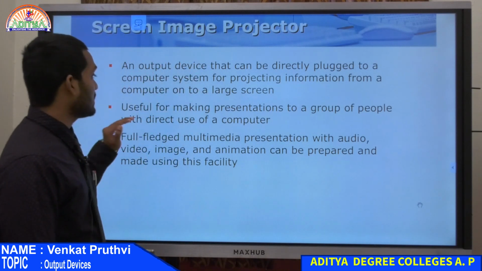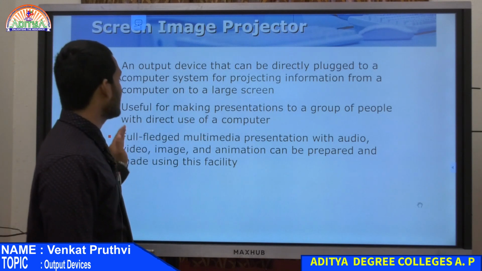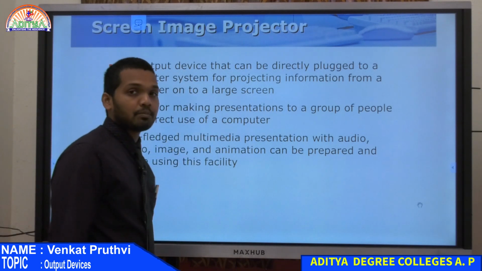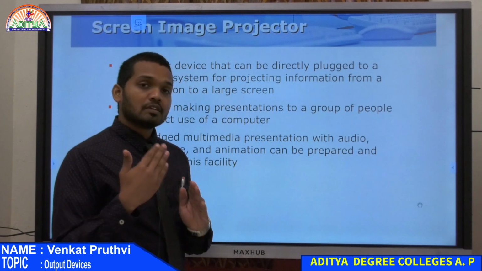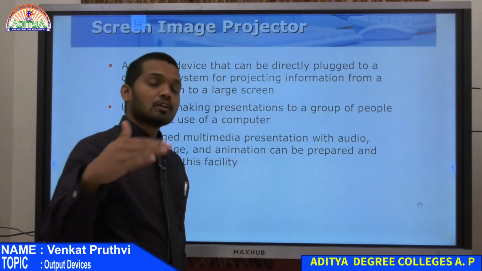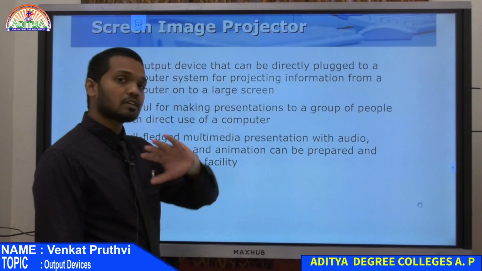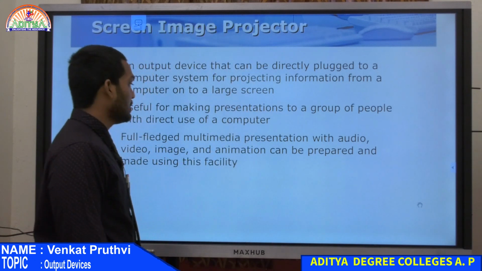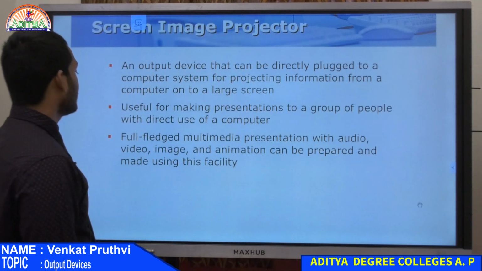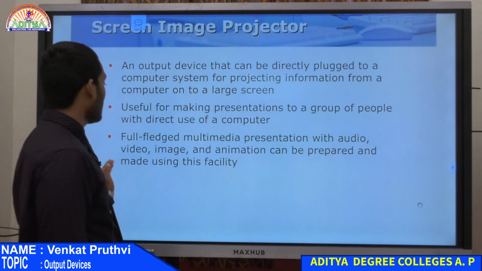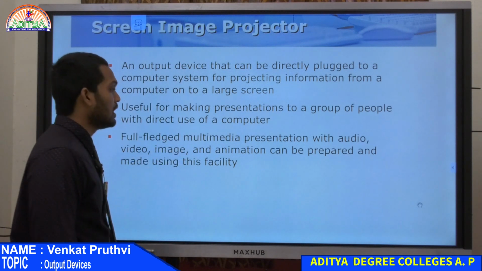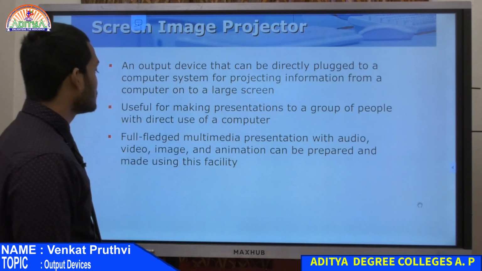It is useful for making presentations to a group of people with direct use of a computer. With the help of a computer, we directly send the computer screen output to the projector, and the projector is able to give a very magnified image as output. A full-fledged multimedia presentation with audio, video, image and animation can be prepared and made using this facility.